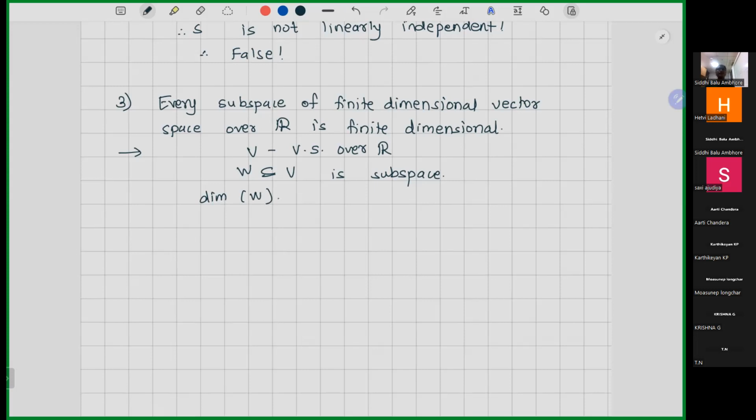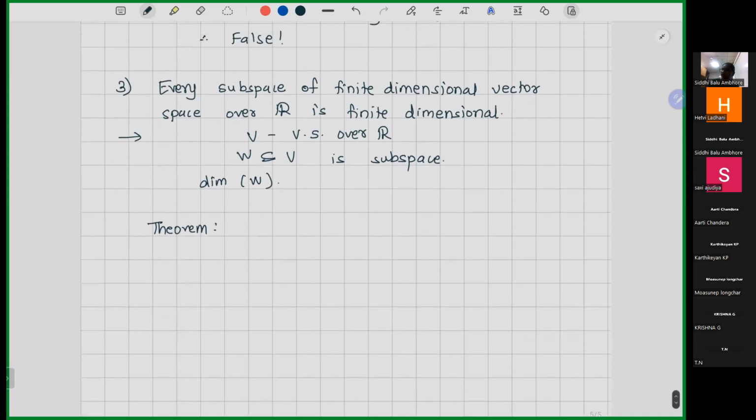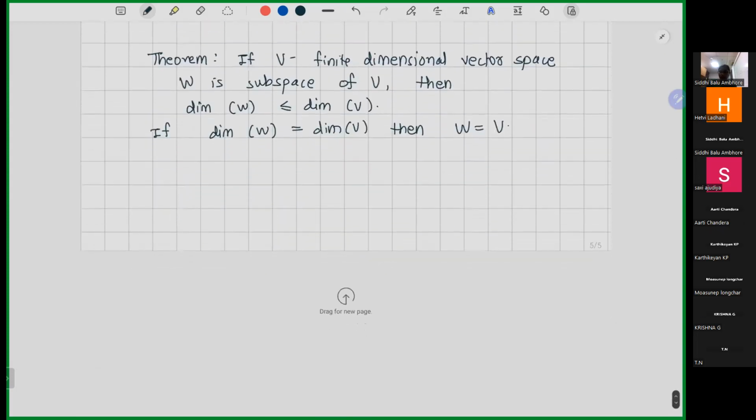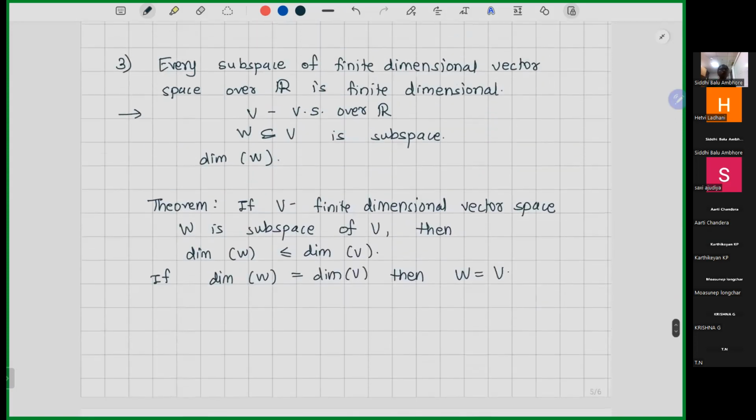It is true, as HV said. Because of the theorem proved in the lecture, which states that if V is a finite dimensional vector space and W is a subspace of V, then the dimension of W is less than or equal to the dimension of V. And if the dimension of W equals the dimension of V, then W becomes V. This is the last theorem proved in the lectures, so you can go through its proof.